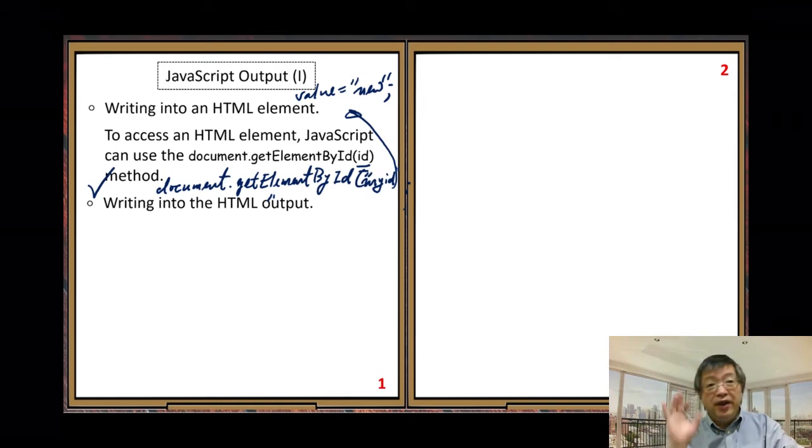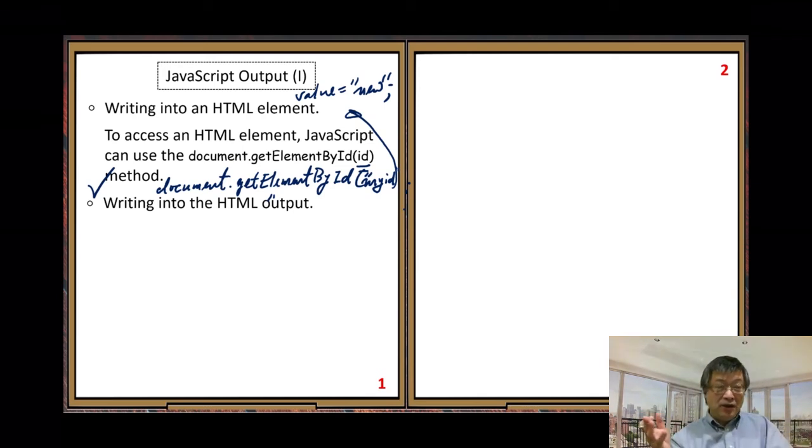Now another way you can write some information, but this time not the content of a particular element. You write for the whole document, because this way you do not access any element.